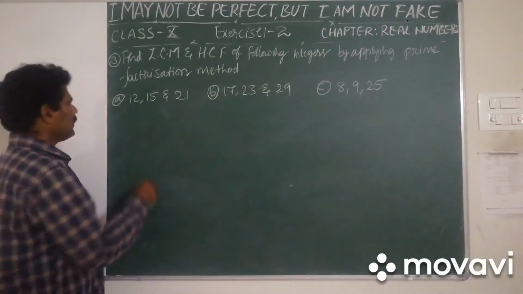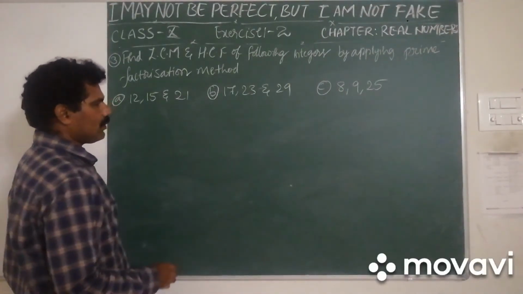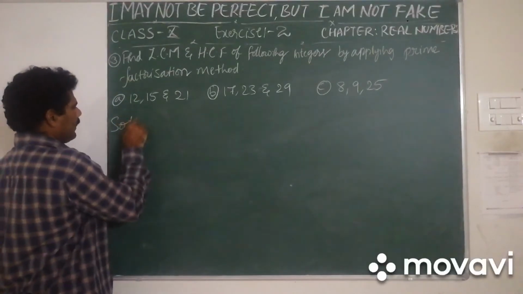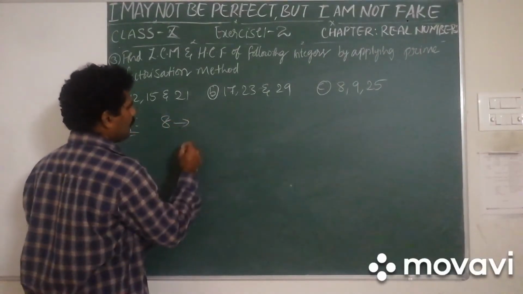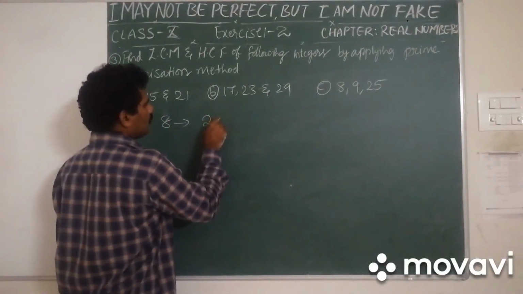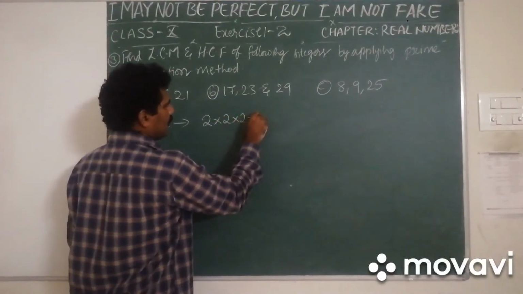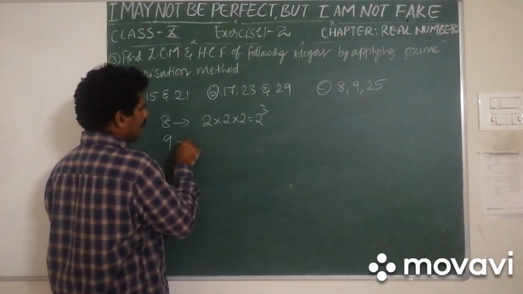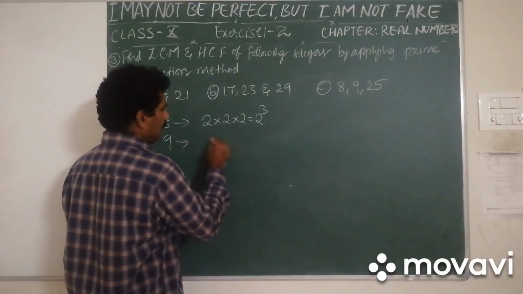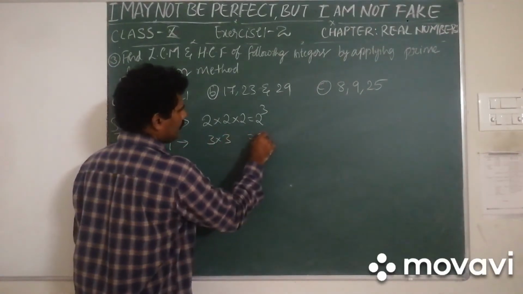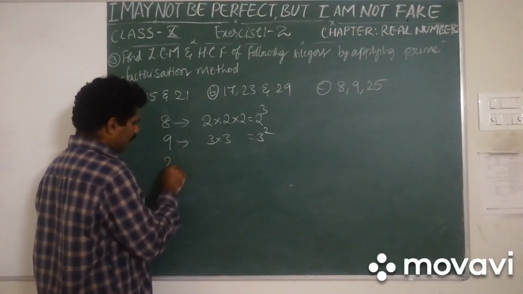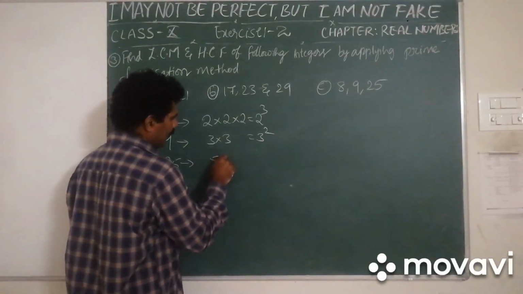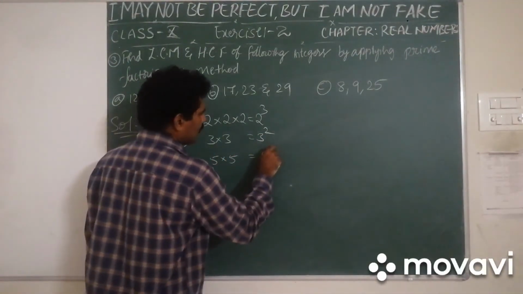Now third one, that is C, 8, 9 and 25. How to write 8? 8 can be written as 2 into 2 into 2, that is 2 to the power of 3. And 9 can be written as 3 into 3, that is 3 square, and 25 can be written as 5 into 5, that is 5 square.